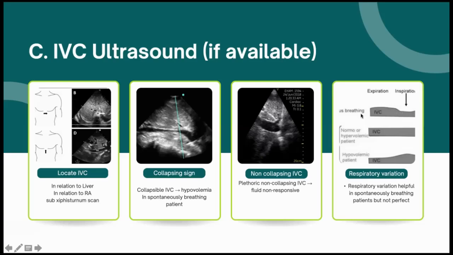How you do it is you get the best position to scan, hold the probe there, press M mode on the monitor, and you will get the variability. Once you get the best variability picture, you freeze it, then scroll with the scroll button, get the maximum diameter and minimal diameter, and you get the index. That is how you do it.